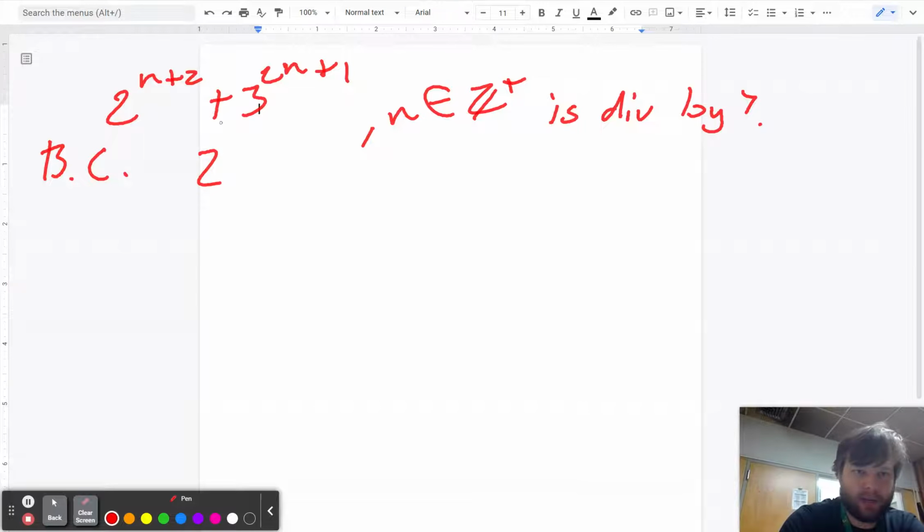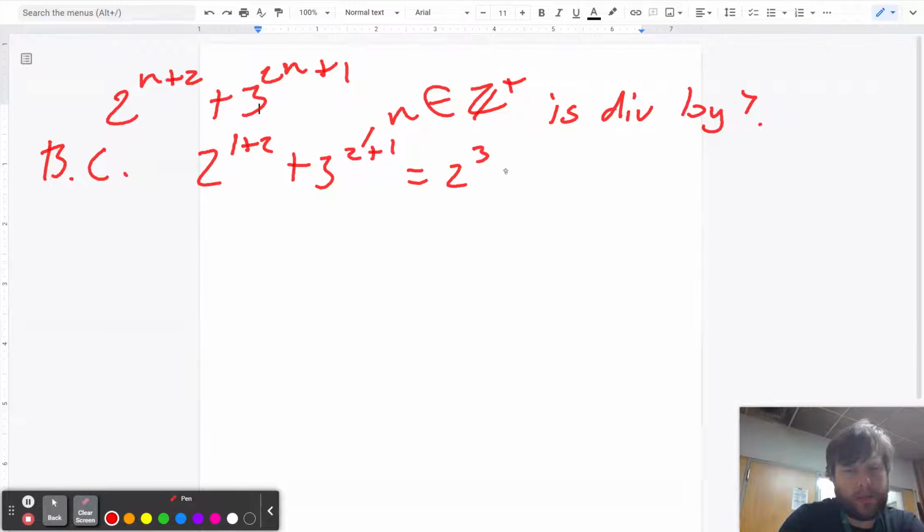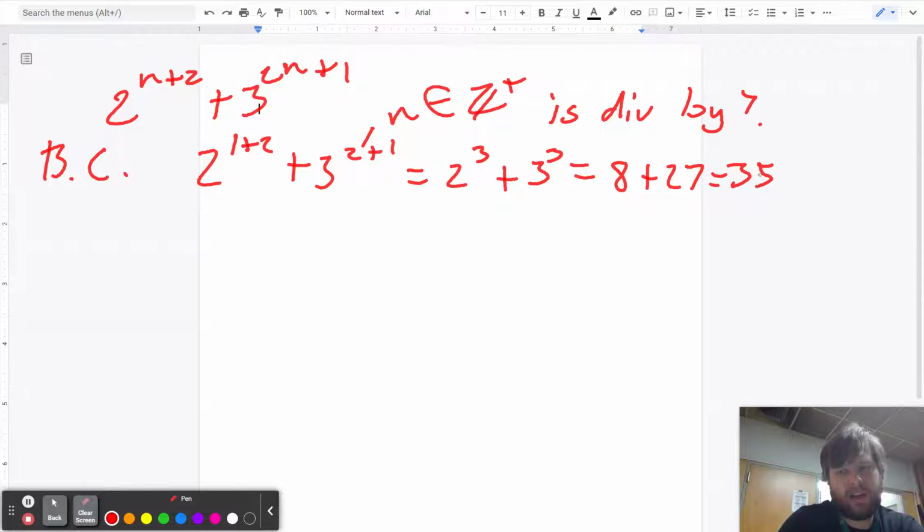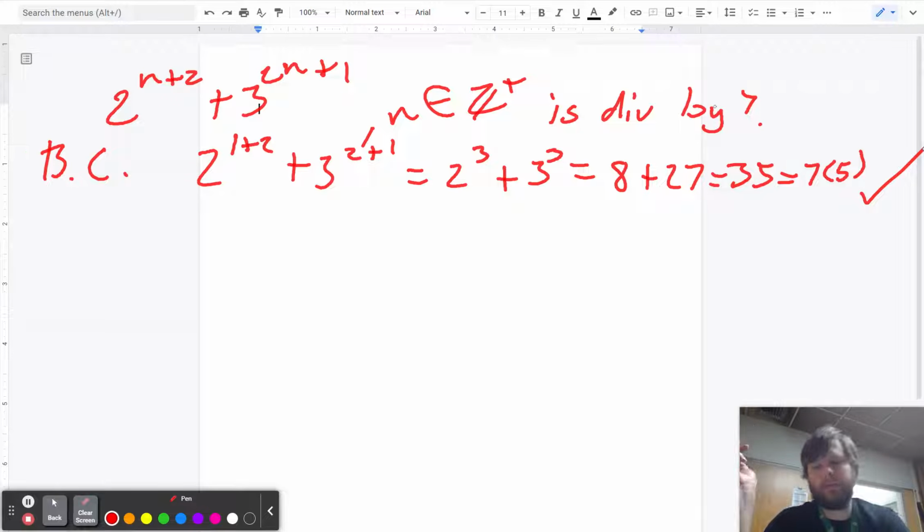So 2 to the 1 plus 2 plus 3 to the 2 plus 1. What does that equal? 2 to the third plus 3 to the third. 8 plus 27 is 35, and that makes 7 times 5. So check mark. We have the base case down.